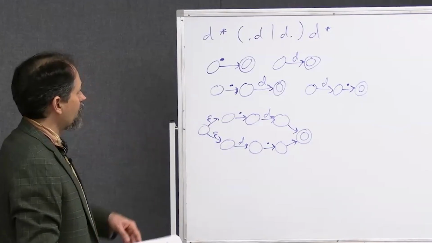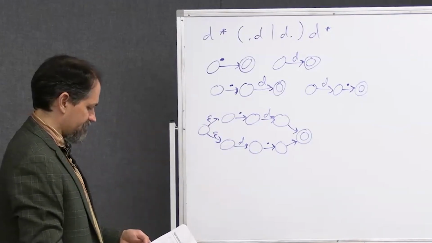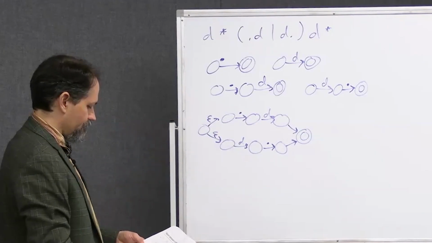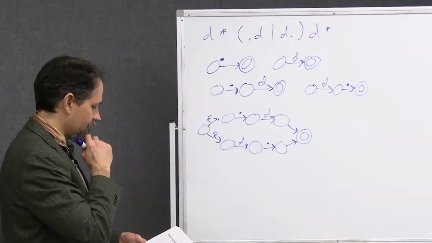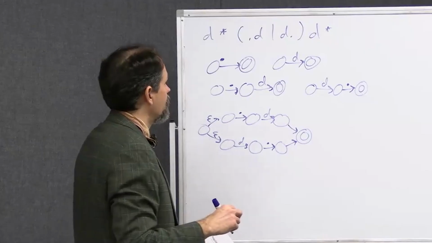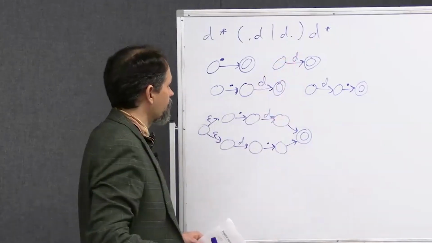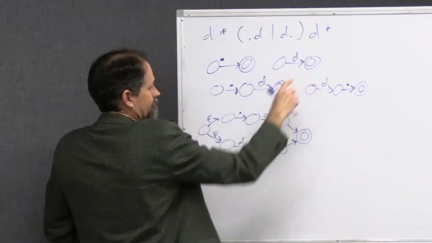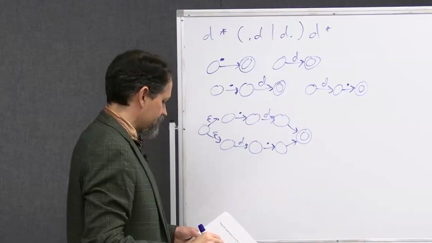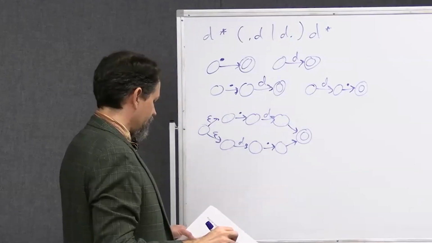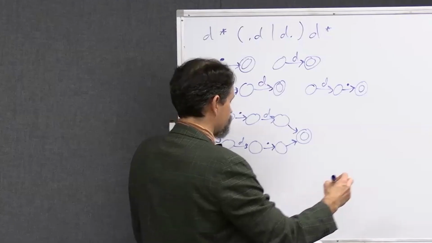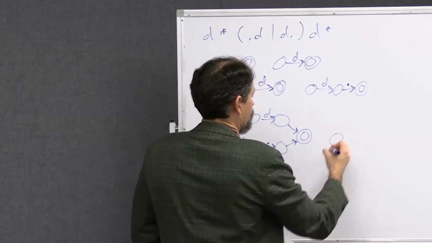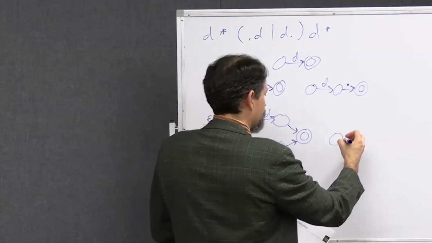Finally, we want to put together, yes, and then we need a D star, right? So the D star will start with this one, right? And we'll have a start state, right?